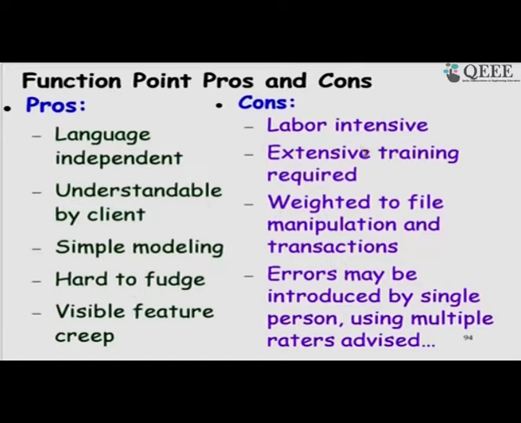But errors may be introduced by a single person, because his discretion of which to consider complex, simple, moderate etcetera varies. So, what is recommended, if it is really used for project costing, is to use multiple raters, multiple people computing the function point, and then the chances of errors will be reduced.